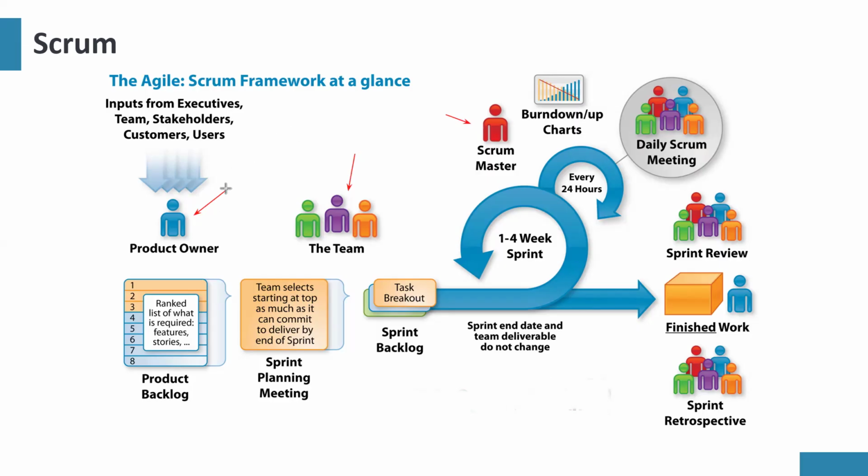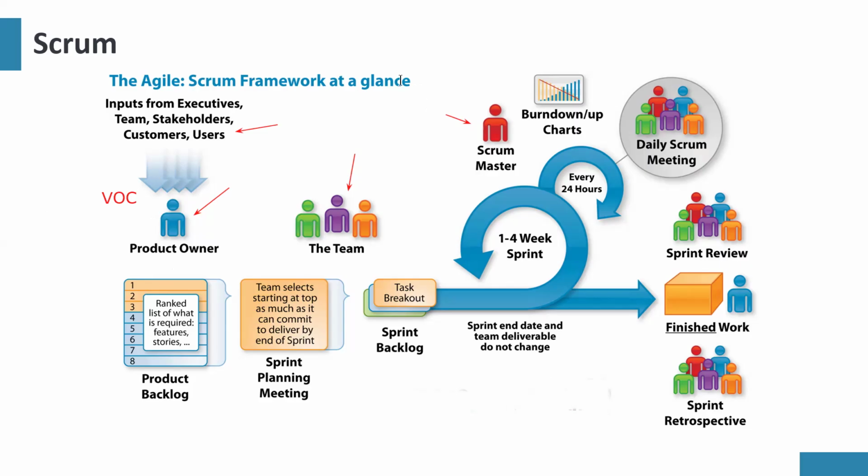Now, the product owner serves as a liaison for stakeholders like the customer, executives. The product owner is the voice of the customer, which means the product owner has a good understanding of what is needed in the product they are building.